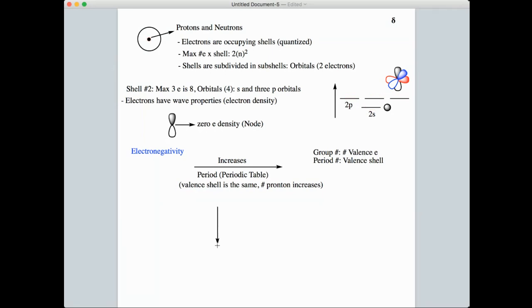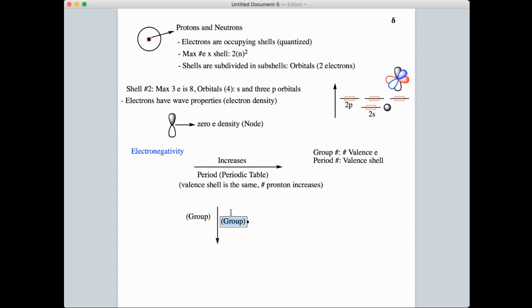And again, all these things we discussed in the previous class, but this is a good reminder. So what happens in a group of the periodic table from top to bottom with electronegativity? It decreases. And why does it decrease?